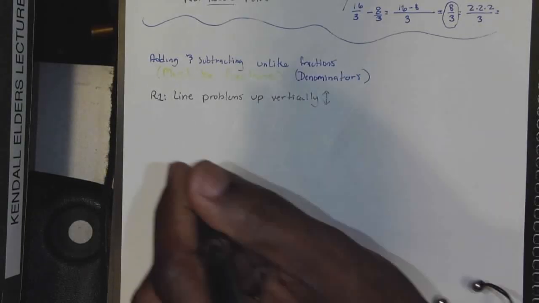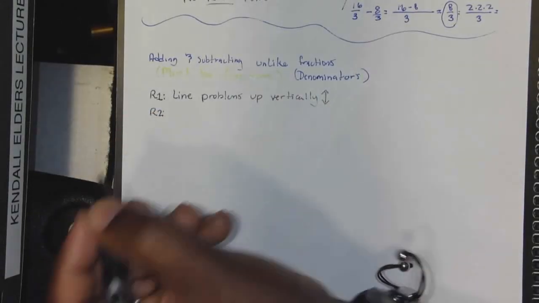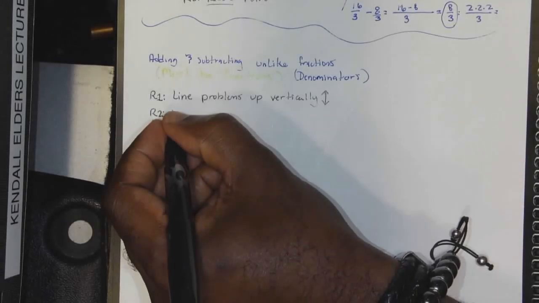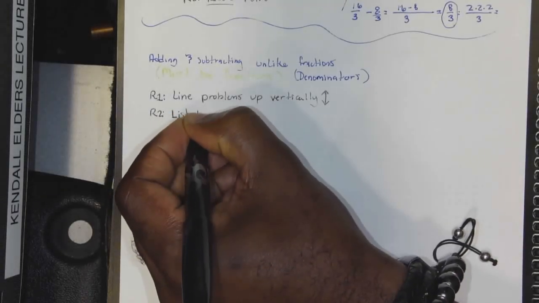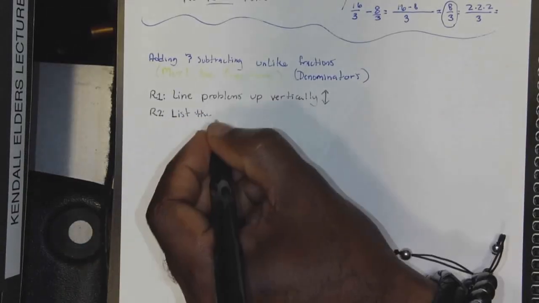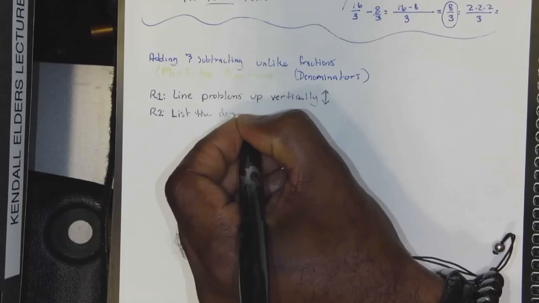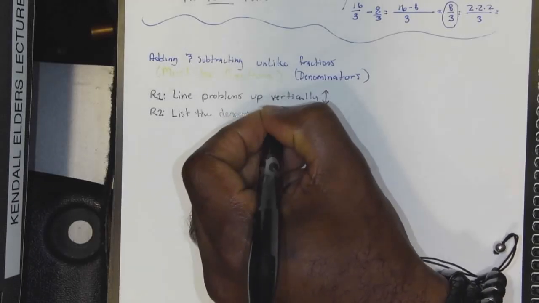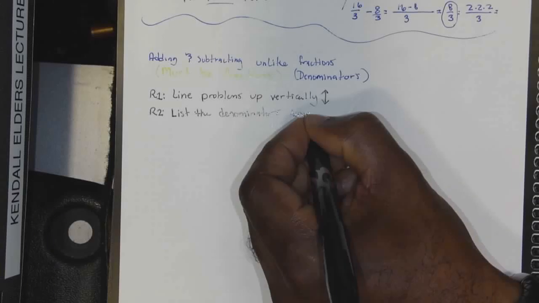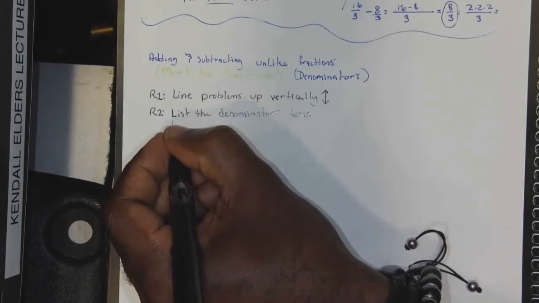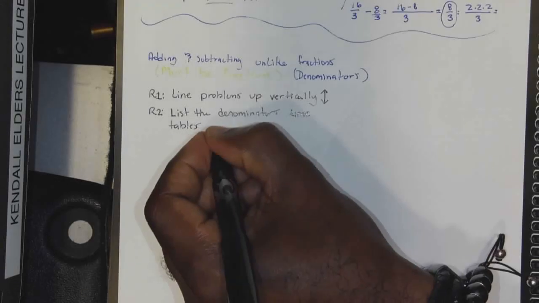Alright. Rule 2. List the denominator's timetable until they match.